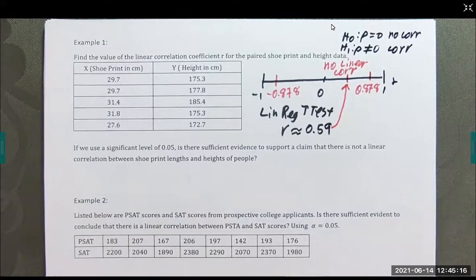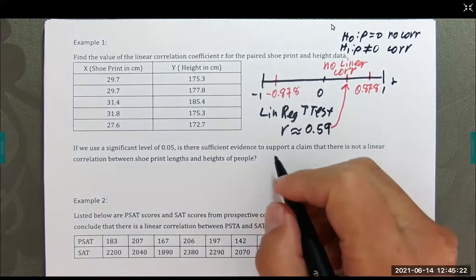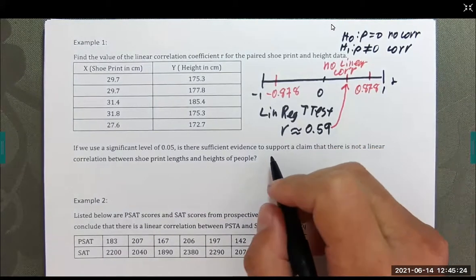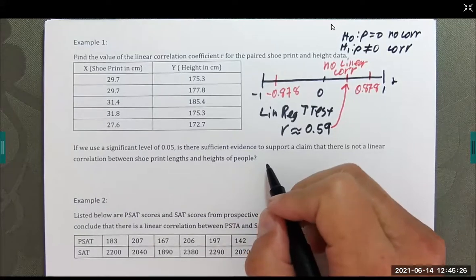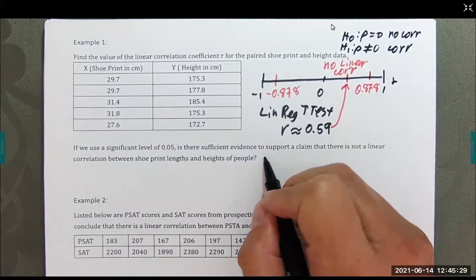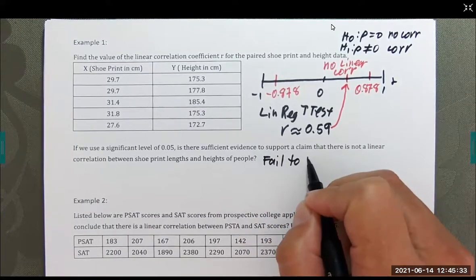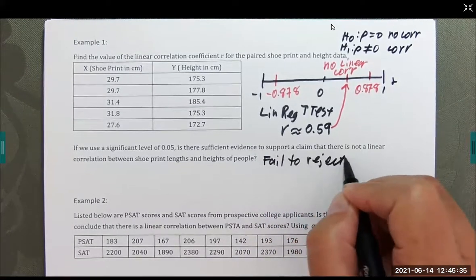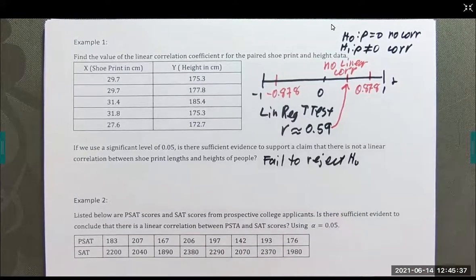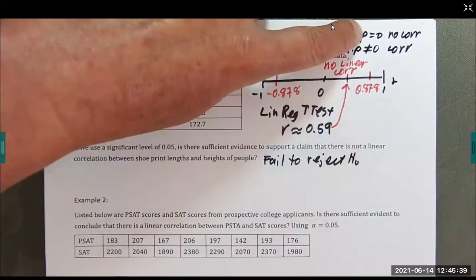And is there sufficient evidence to support the claim that there is a linear correlation? So we are going to fail to reject the null hypothesis, meaning we think that there's no linear correlation.